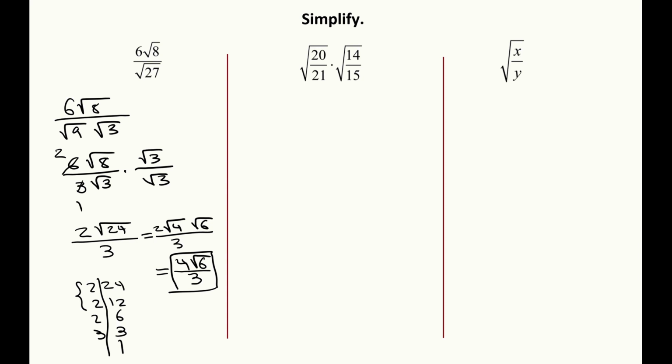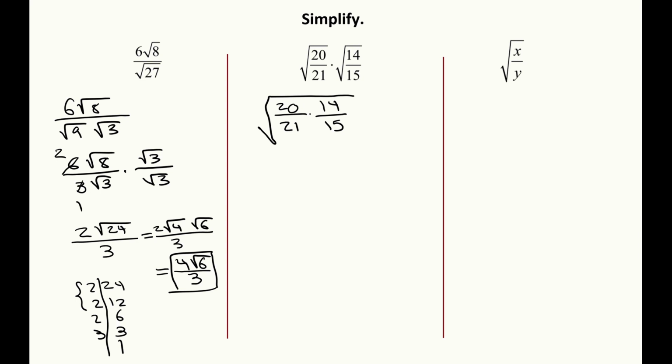Moving on to the next problem. It's probably a little bit easier if we go ahead and bring those under one radical first. And the reason that we would want to do that is so that we can take care of any possible cross-canceling first.